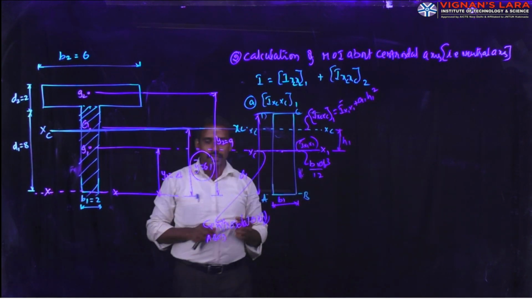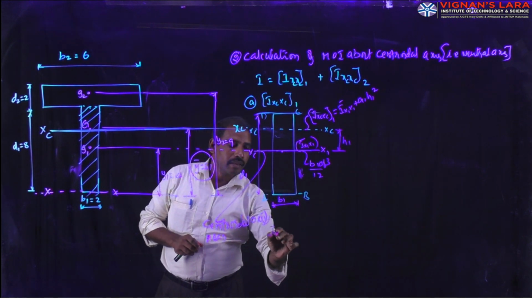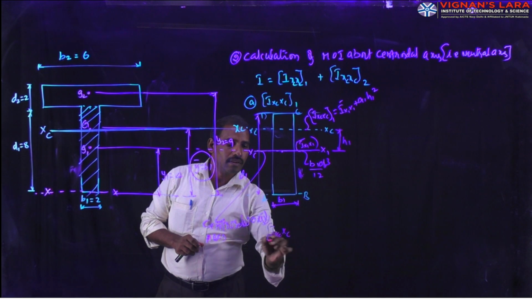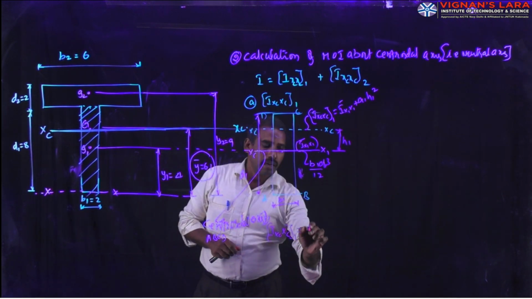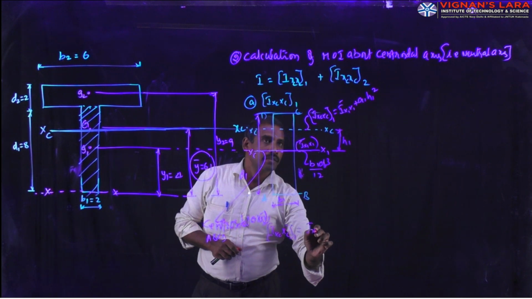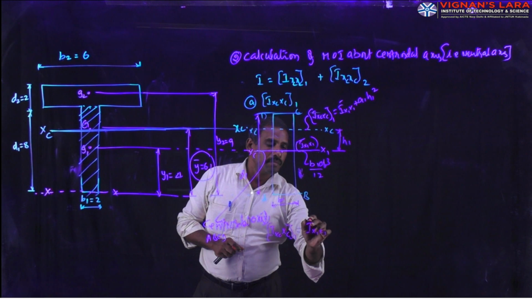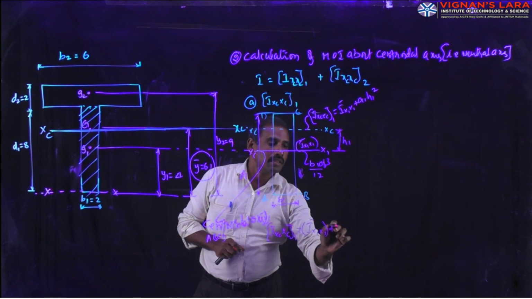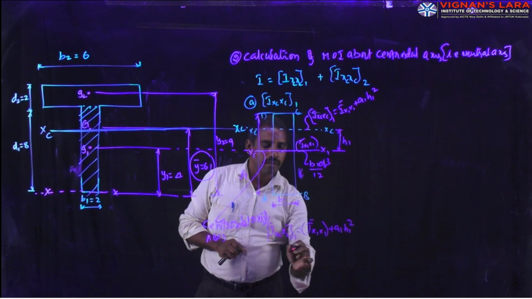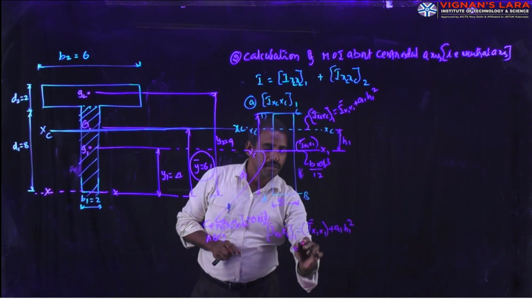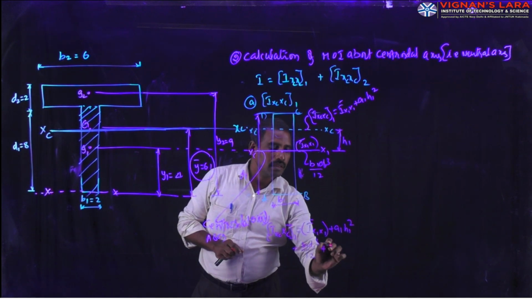So IXC of 1 is equal to IX1 bar plus A1 h1 square. That is equal to B1 D1 cube by 12 plus A1 into h1.